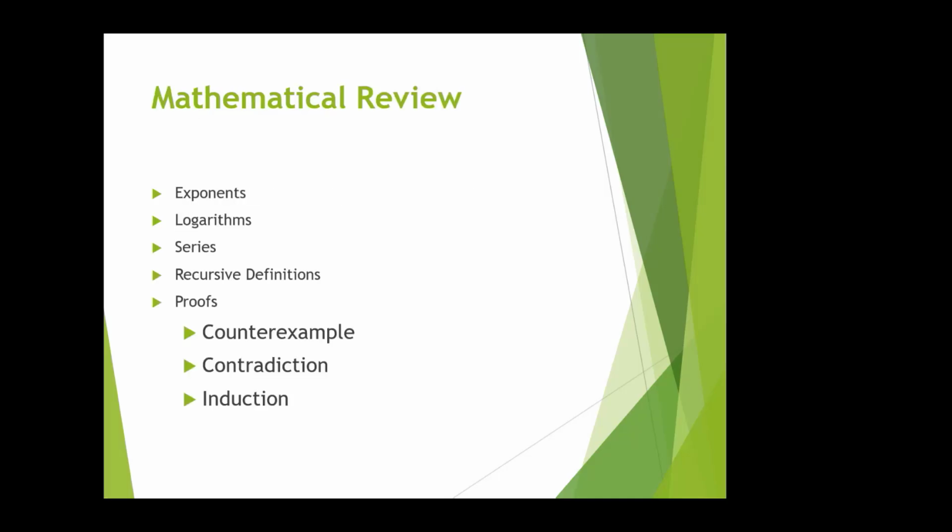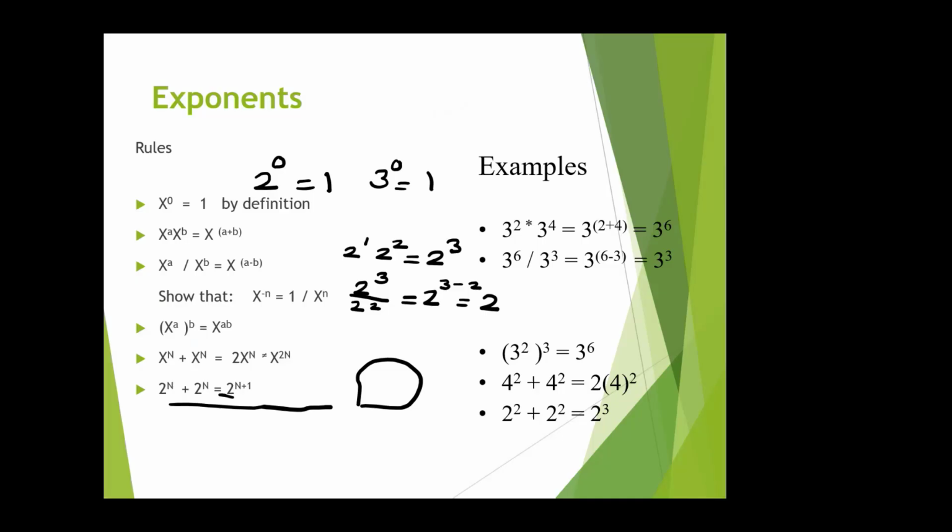So the mathematical review is about exponents, how we use exponents, some basic formulas regarding logarithms, then different series, so summation series, like 1 square plus 2 square up to n square, then some recursive definitions, and proofs. Proofs we will come across as we need, but basic definitions of series we are going to see.